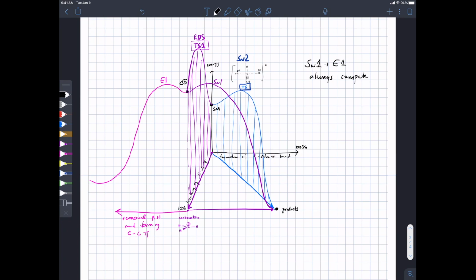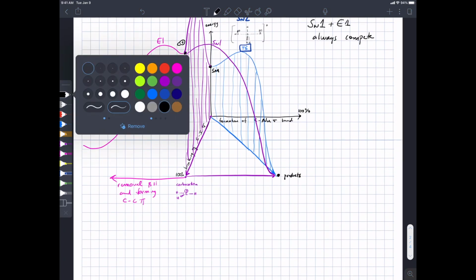But for our purposes, any time from now on where you go to a carbocationic intermediate, you are going to be concerned about the possibility of both substitution, that is, attack at the alpha carbon, and elimination, that is, attack at the beta proton. They're always going to compete.